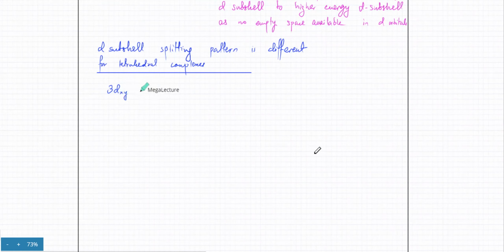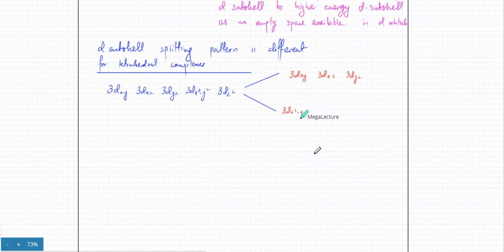There would be no difference except that you have to draw a splitting pattern in which you have the ones between the axes at the higher energy level. So 3dxy, 3dxz, and 3dyz would be at the higher energy level, and the ones on the axis, 3d x square minus y square and 3d z square, would be at the lower energy levels.